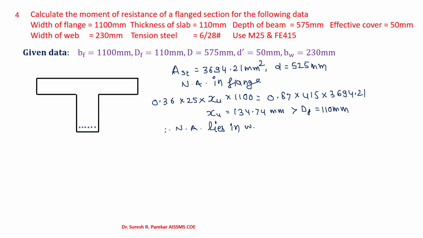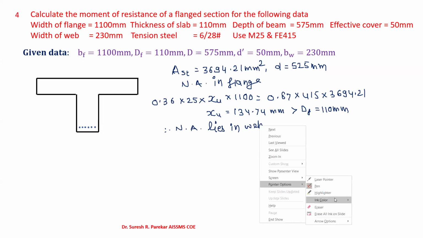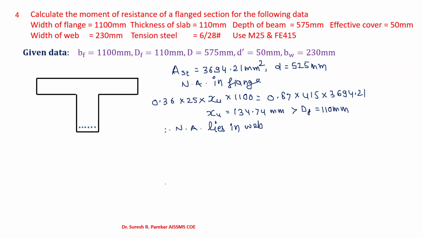And in this, now we will go with first assumption, that is 3/7 of Xu. So assume 3/7 of Xu is greater than Df.